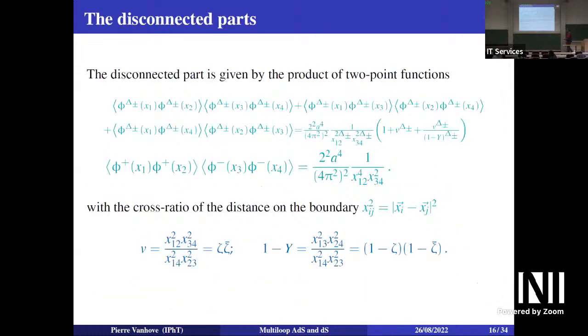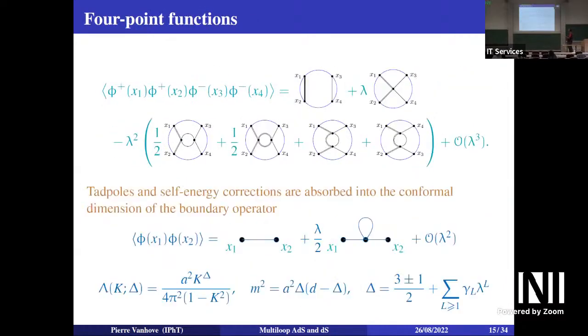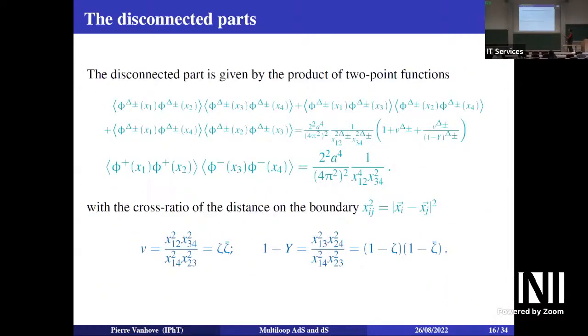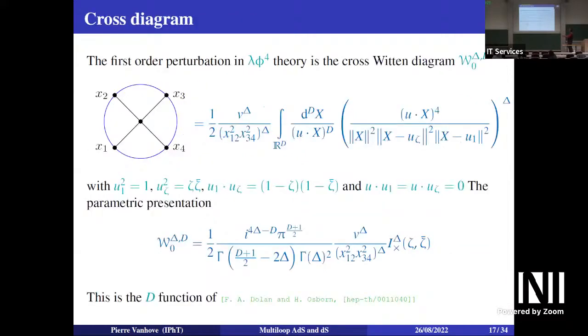Okay. So it's trivial to compute the disconnected part. The disconnected part is just given by the usual conformal ratios that we call V and Y, or zeta bar and 1 minus zeta bar, and they depend on the dimension of the field in a trivial way. Okay. And now you come to the first non-trivial graph, which is this cross.